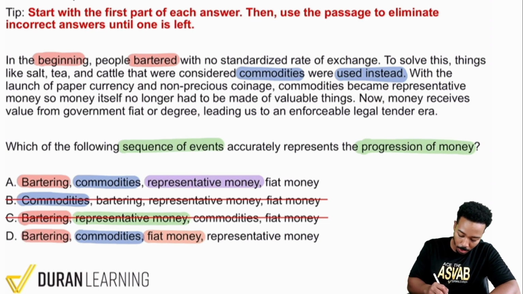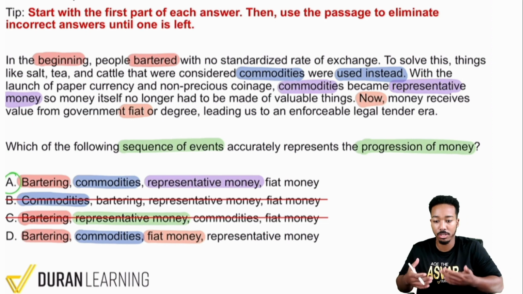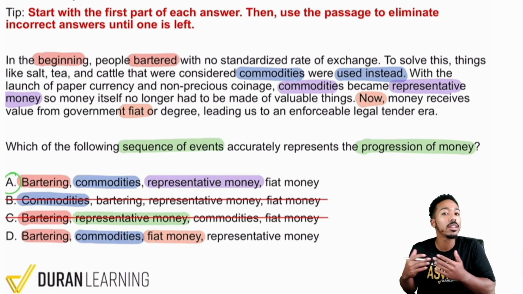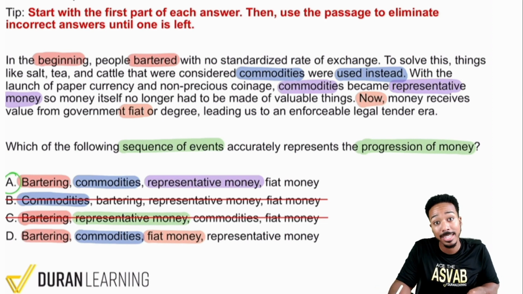So the correct answer here will be A, because representative money came first. Commodities became representative money, and then we have fiat money after the fact. The word now means, in conclusion, at the end, fiat money is there. That's why A is the answer.